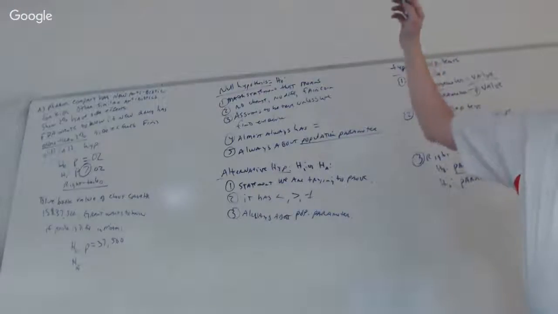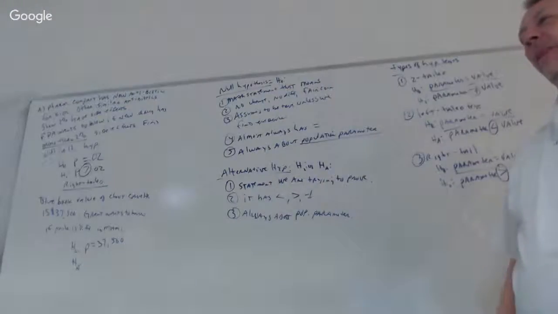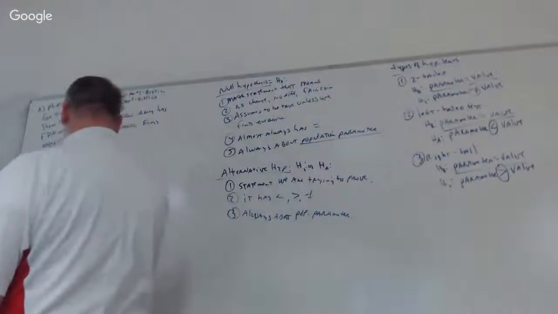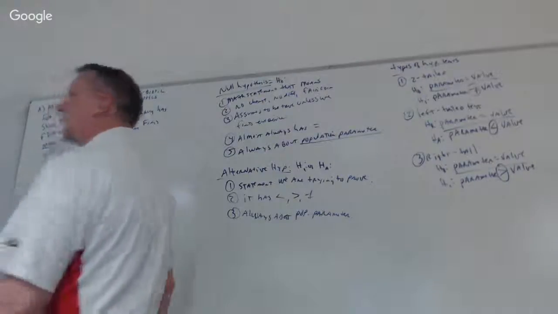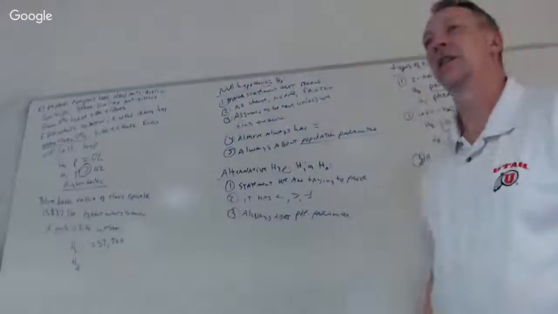He was close. But is this a population proportion? Is $37,500 a proportion? It's not, is it? So he picked the wrong letter. What letter should he have picked?